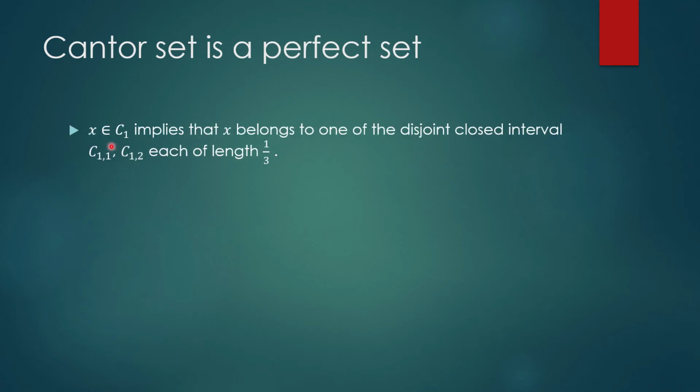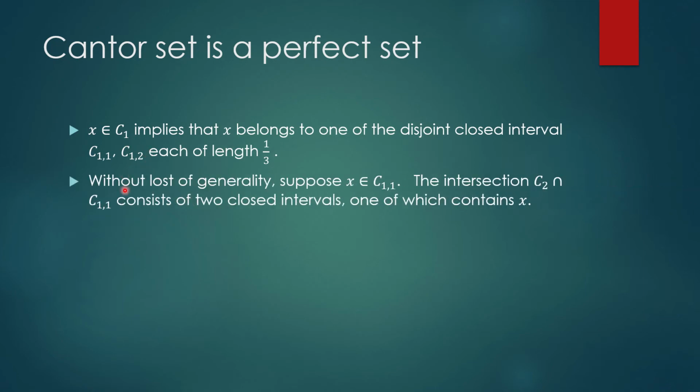That means x also is a member of C1, which has two components. x belongs to one of the disjoint closed intervals C11 and C12. x belongs to C1 means x is either here or here, and each has length 1 by 3. So without loss of generality, we can suppose that x belongs to C11, and then in the next step, C2 intersection C11.